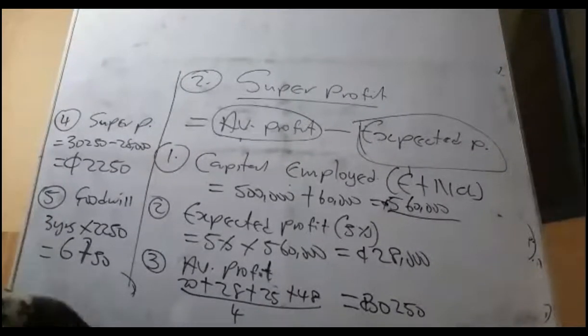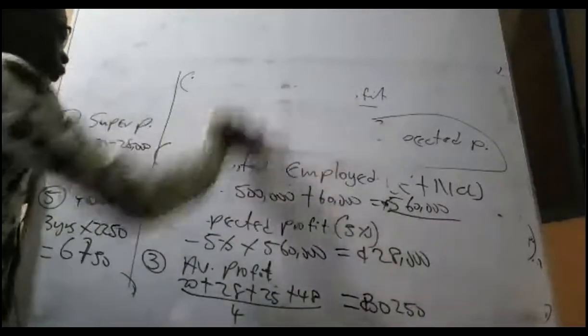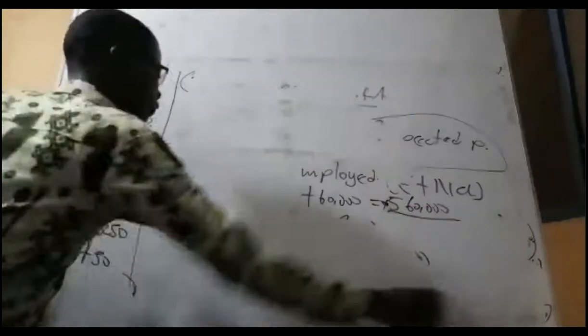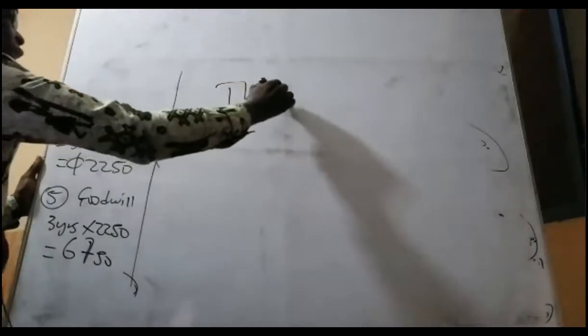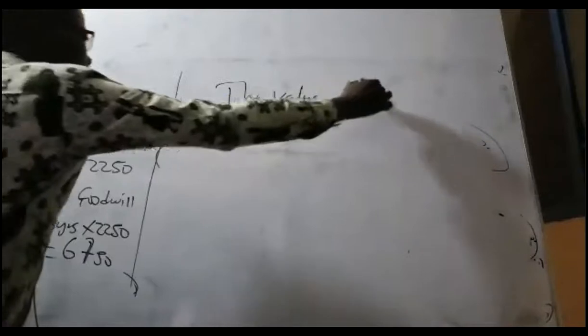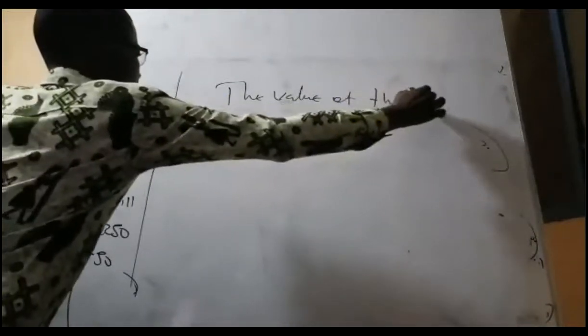Let's go straight to the value of the business under the net asset method. So the value of the business.